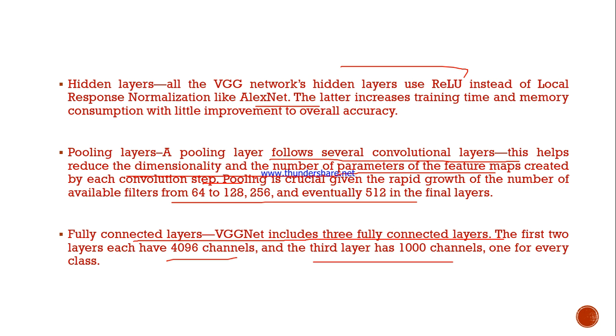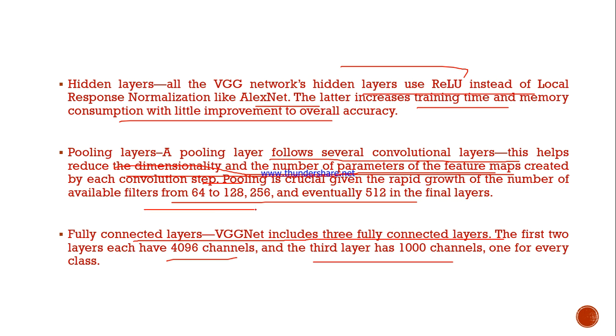Generally in CNN we have hidden layers, and here also we have hidden layers. One of the specialties here is that the VGG network's hidden layers use ReLU instead of local response normalization like AlexNet, which increases training time and memory consumption with little improvement to overall accuracy. On the pooling layers: a pooling layer always follows several convolution layers, and it helps to reduce the dimensionality and the number of parameters of the feature maps created by each convolution step.